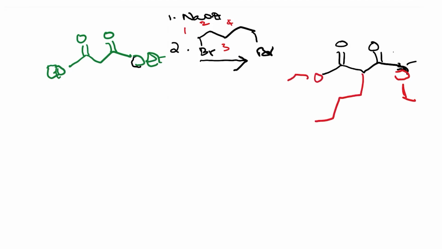So this is 1, 2, 3, 4, and then you have the bromide, so through the enolate formation, and then the second enolate can be generated, and this can react with this carbon bromine bond, and you're going to get a 5-membered ring.